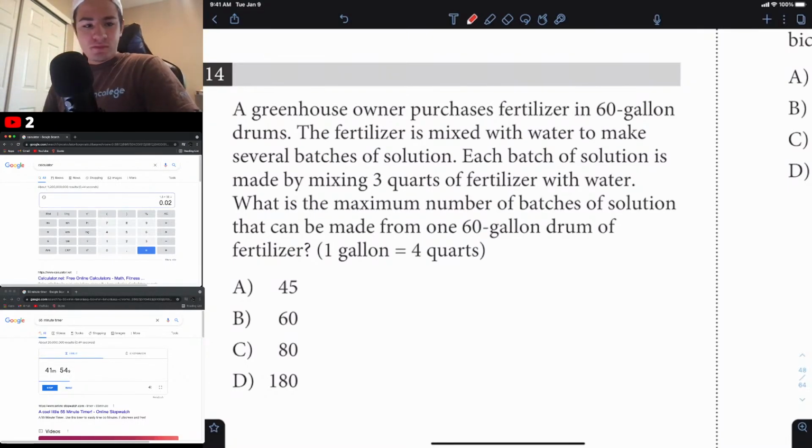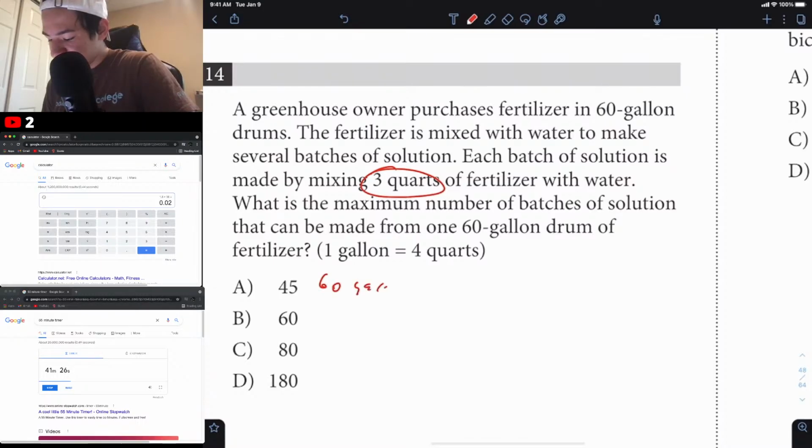Okay, so 1 gallon is 4 quarts, which means that 60 gallons is 240 quarts.